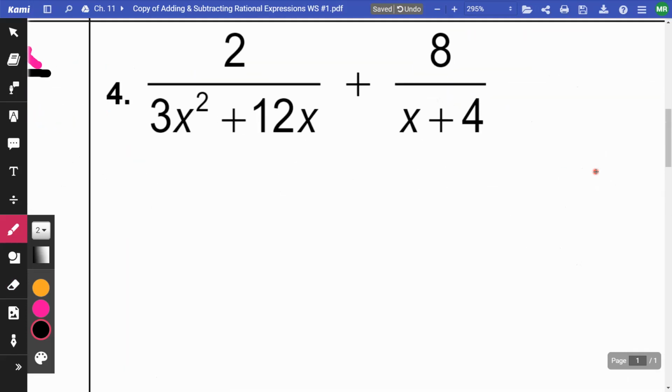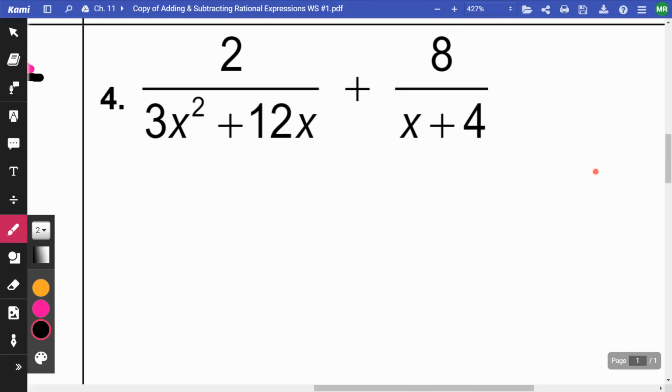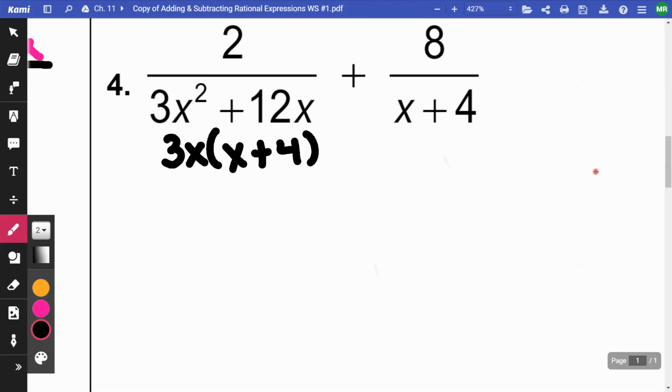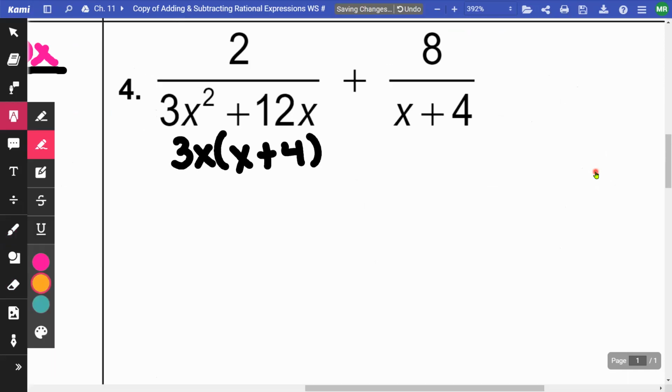So on 4, before I decide on a denominator, I can take a 3x out of the 12x and I'll be left with an x plus 4. So now this is actually going to make it a little nicer. So I have a 3x times x plus 4, and over here I have an x plus 4.